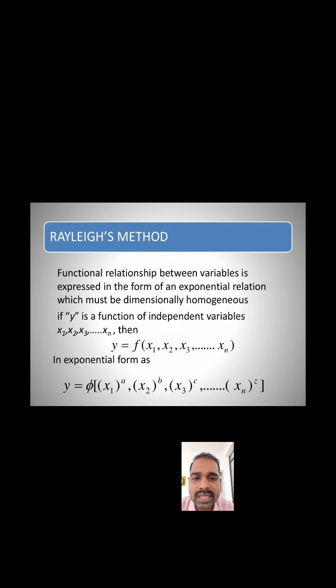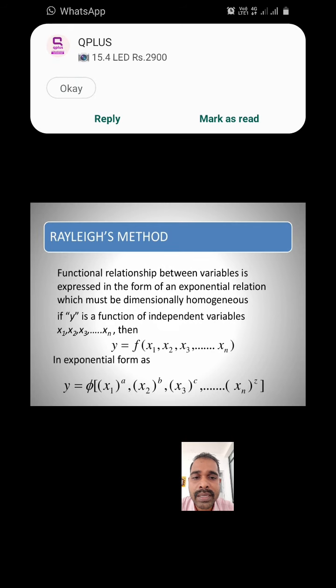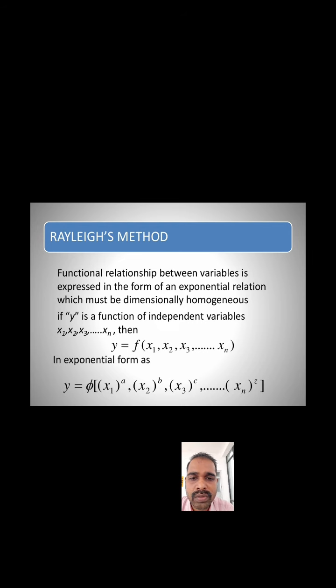If y is a function of independent variables x1, x2, x3 up to xn, then y is the dependent variable and x1, x2, x3 up to xn are the independent variables. So y is a function of all the independent variables, right?